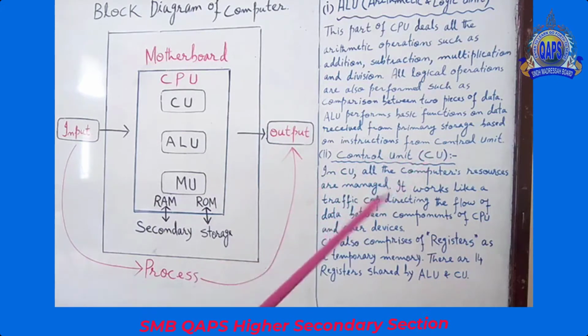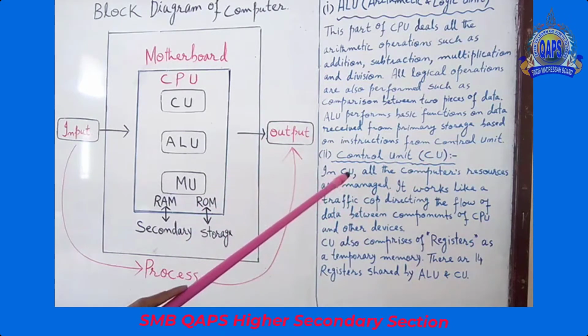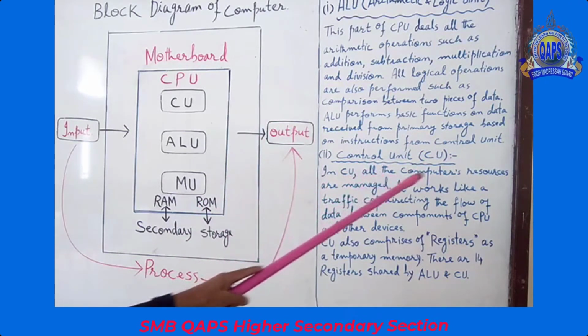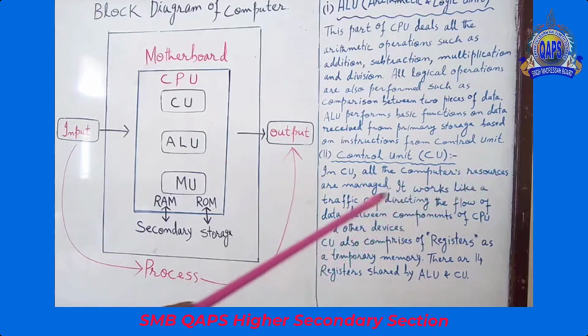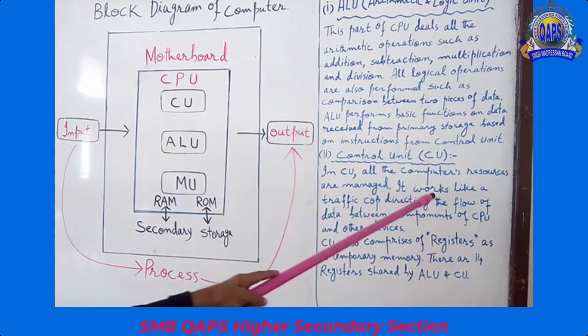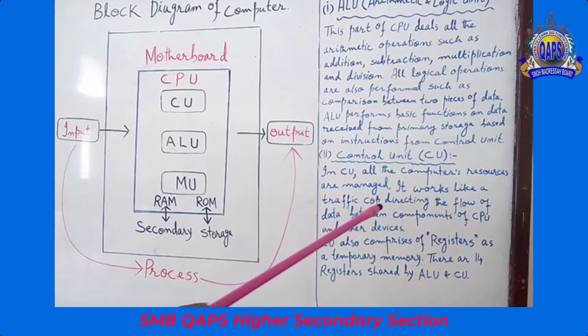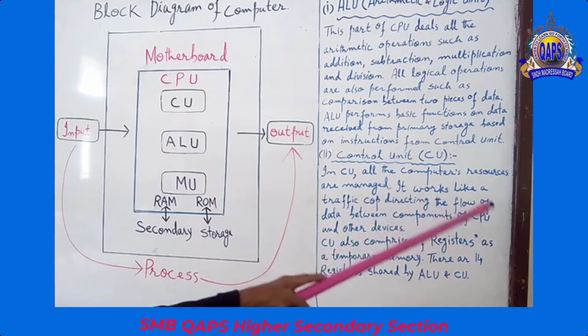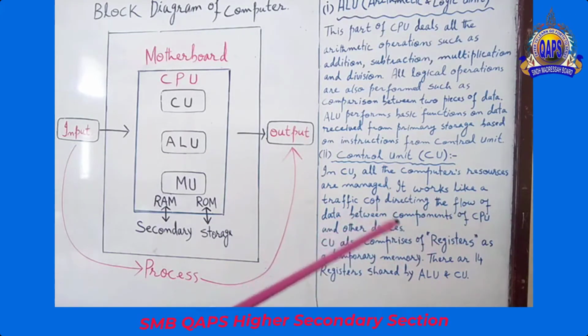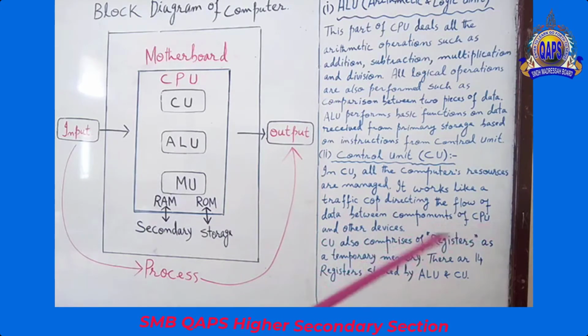Control unit CU. In CU, all the computer resources are managed. It works like a traffic cop, directing the flow of data between components of CPU and other devices.